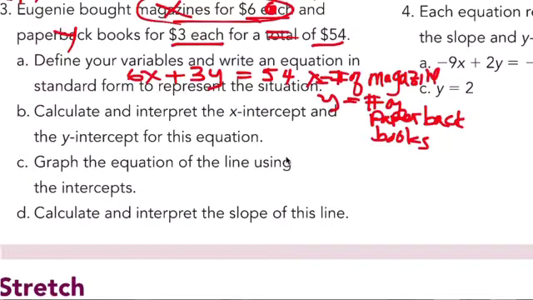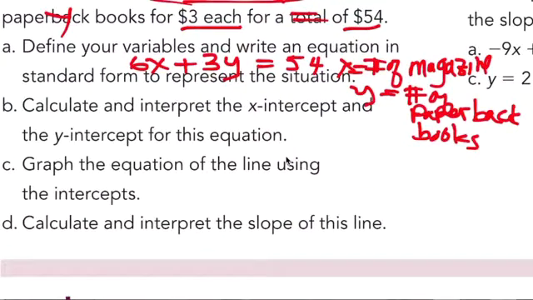So for B, I'm going to look for this work. So you would write 6x equals 54. Divide by 6. You get 9. x equals 9.